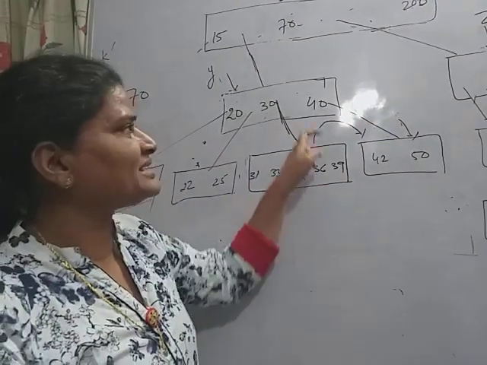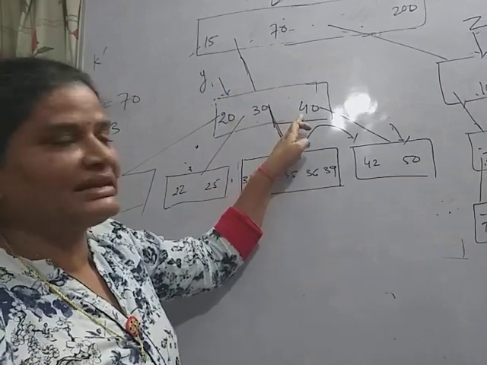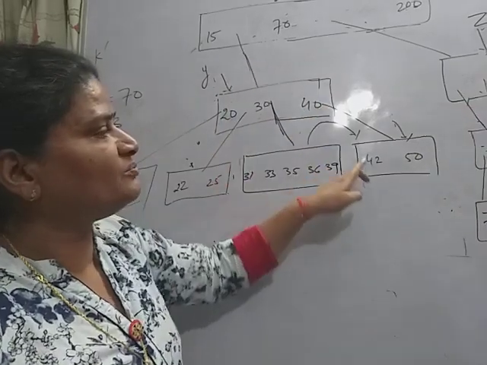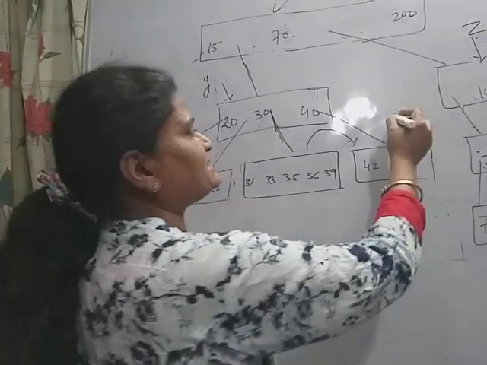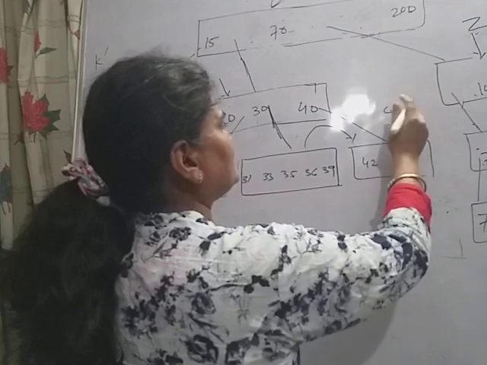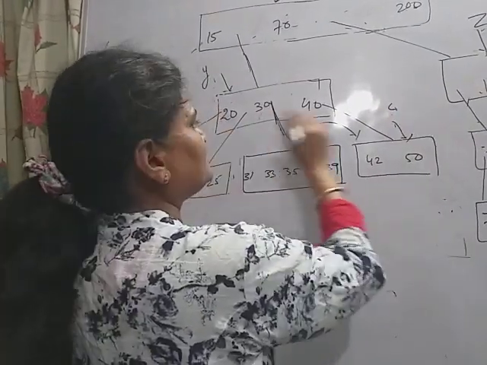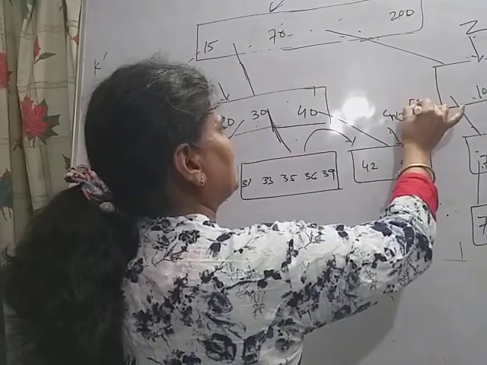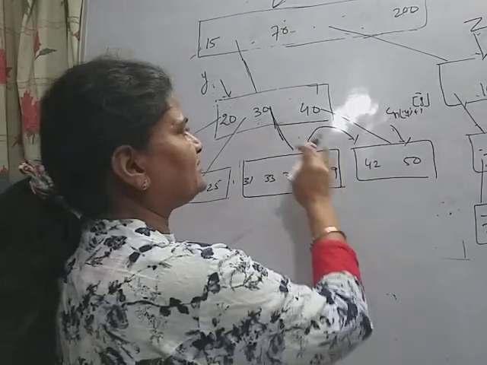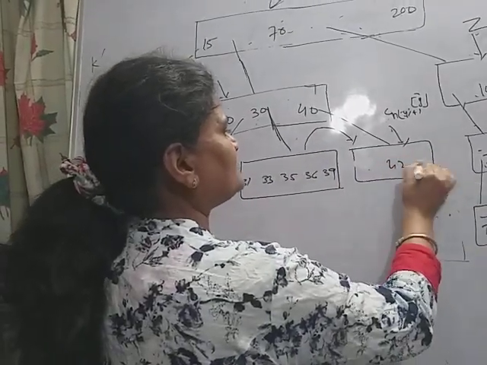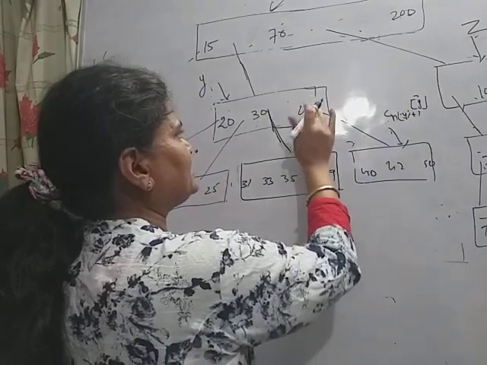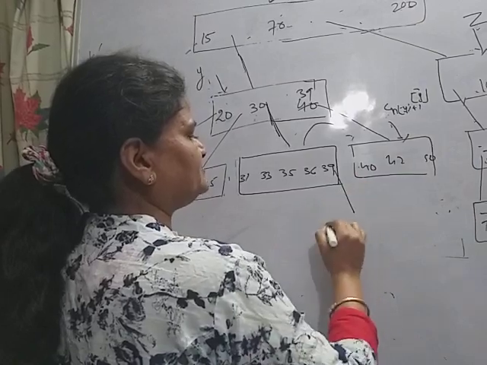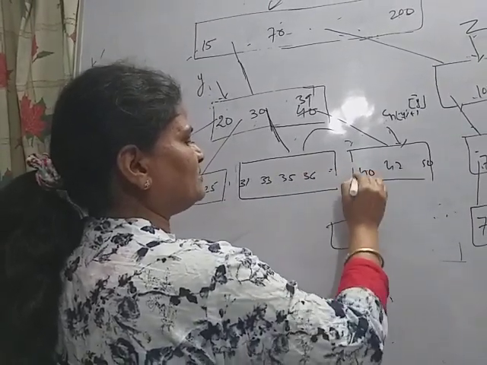The last key will move up to y, and the key of y will move down. So here 40 will be moved down, 42, 50, 40, and 39 will move up, and this child pointer will move here.